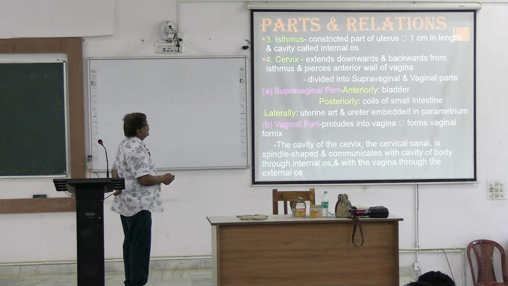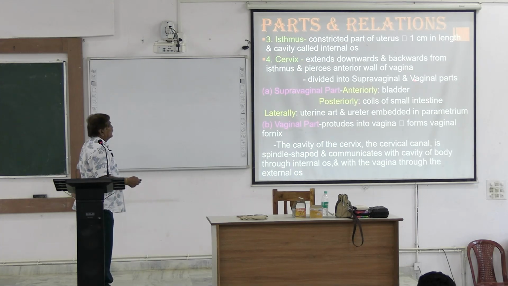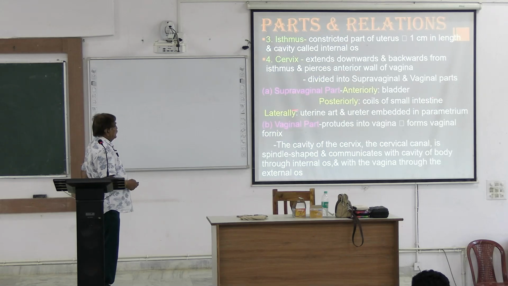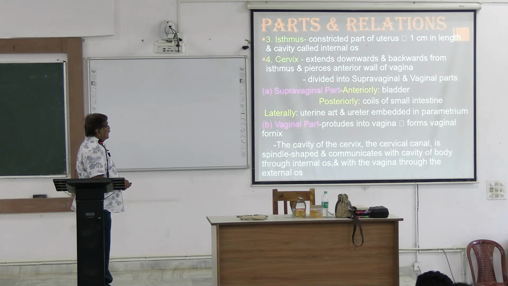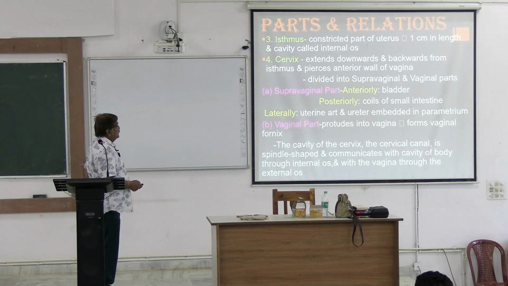Cervix extends downwards and backwards from the isthmus to pierce the anterior wall of the vagina, divided into supravaginal and vaginal parts. Supravaginal part: anteriorly the bladder, posteriorly the coils of the small intestine. Laterally, uterine artery and ureter embedded in the parametrium. The vaginal part protrudes into the vagina, forms vaginal fornix.